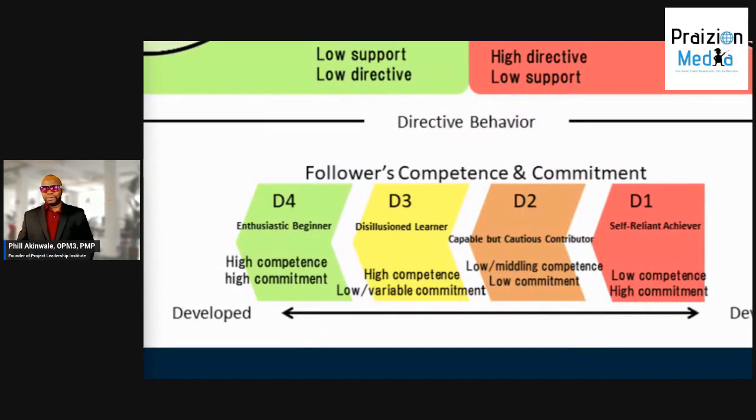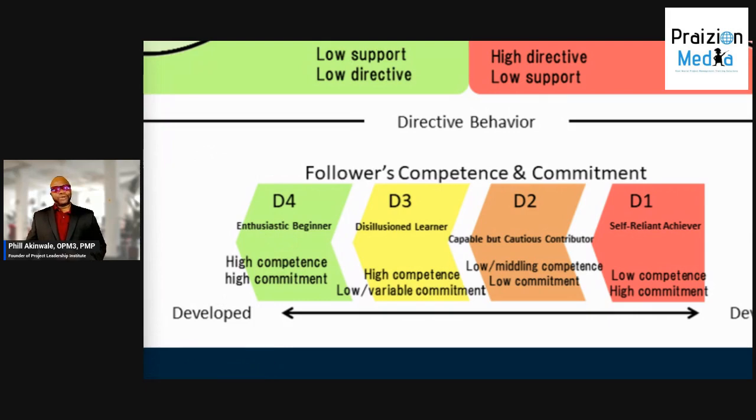So if we take a closer look at D4 here, we can see high competence and high commitment is what these people have. The enthusiastic beginner. You can see with labels here for these different quadrants, the individuals who are talked about in these quadrants. So D4 is great for the enthusiastic beginner. High level of competence and high commitment.